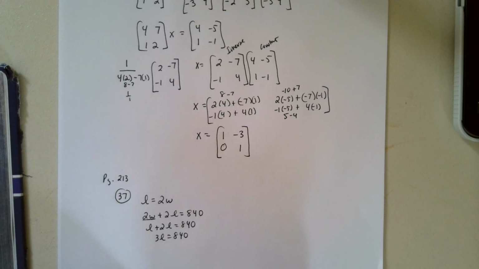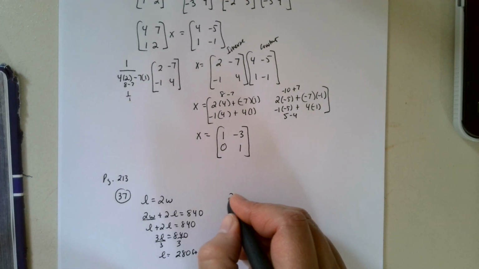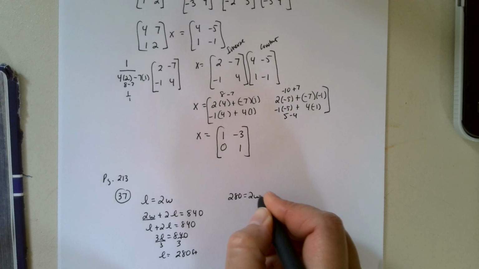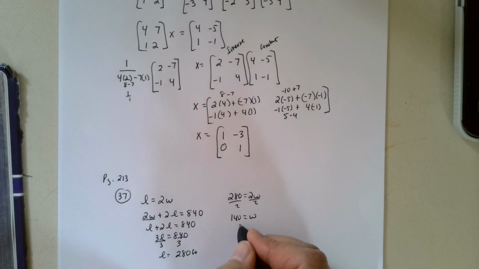So I'm using substitution from chapter 3. And when I divide by 3, I end up with 280, and the units were feet.